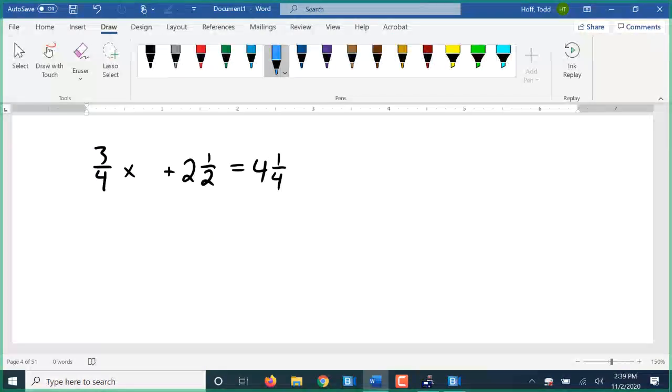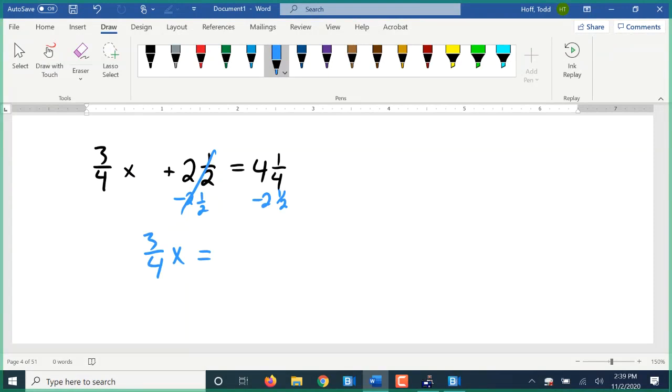Well, to solve this, again, it's the same steps as we've used before. X has been multiplied by 3/4, and then 2.5 was added to it. So we're going to subtract 2.5. So we have 3/4 x.